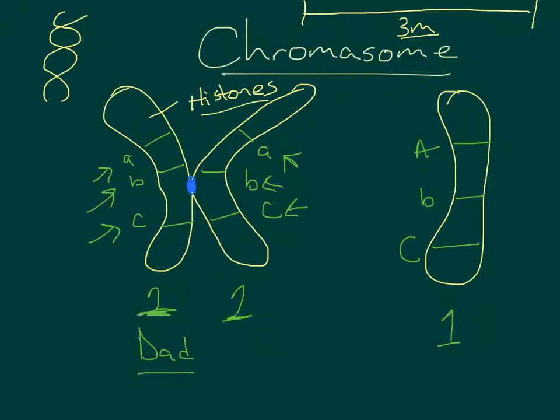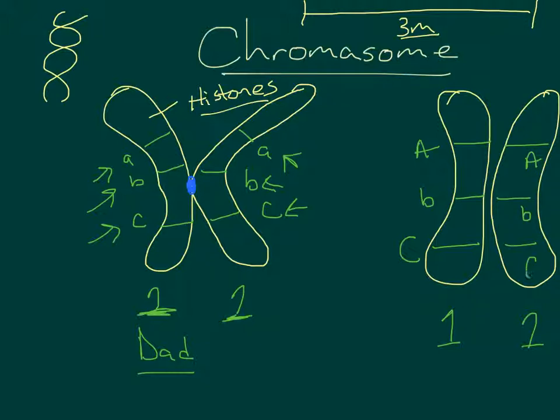And so when you make a copy during S phase, you end up again with an exact copy of this chromosome number 1 that came from Mom, with exactly this A, this B, and then this big C.